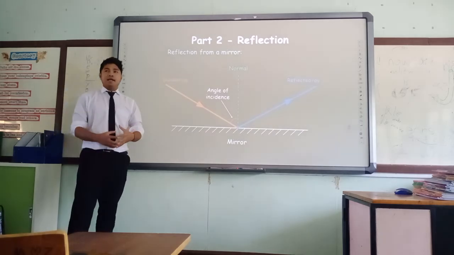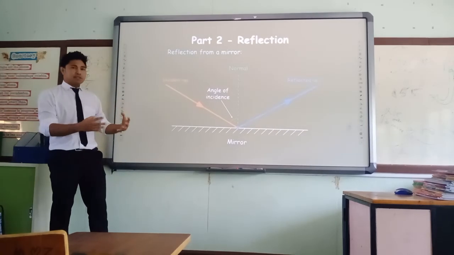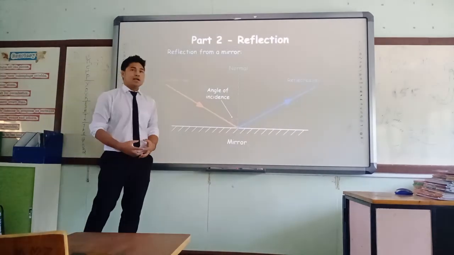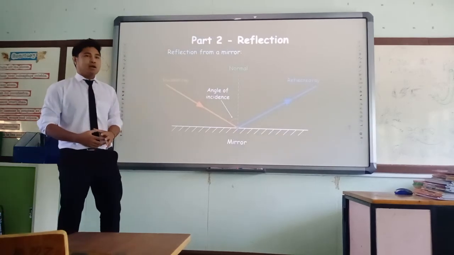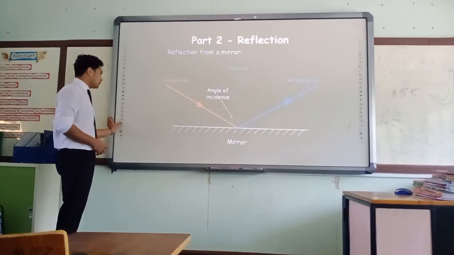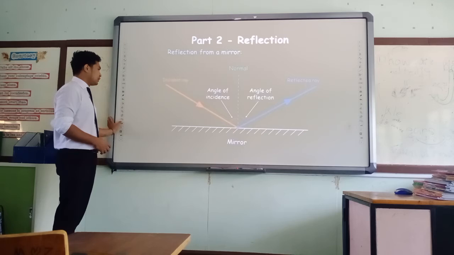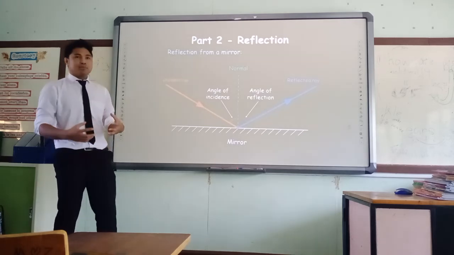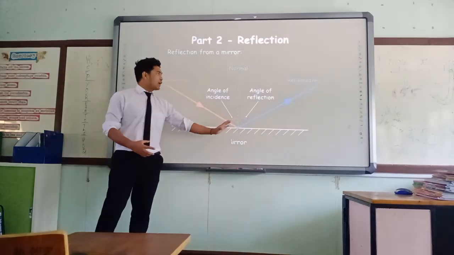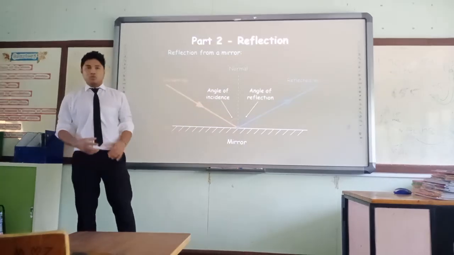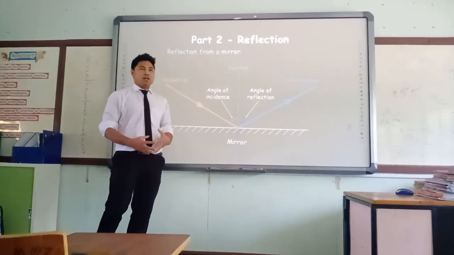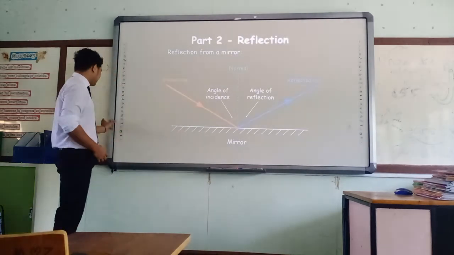The angle between the incident ray and the normal is called the angle of incidence. And next, the angle between the reflected ray and the normal is called the angle of reflection.